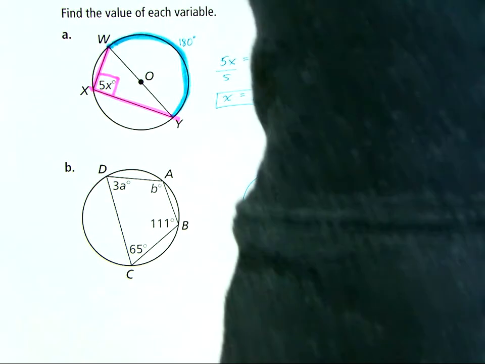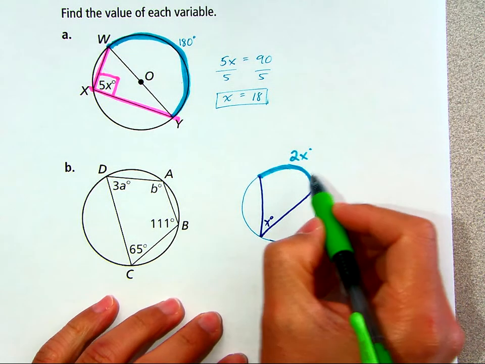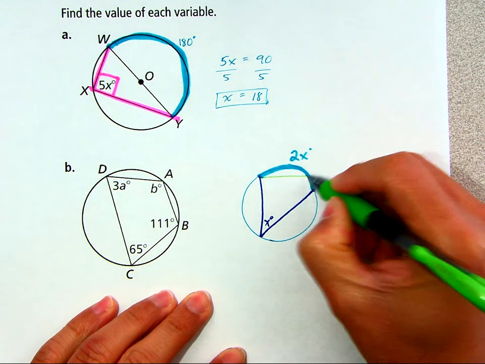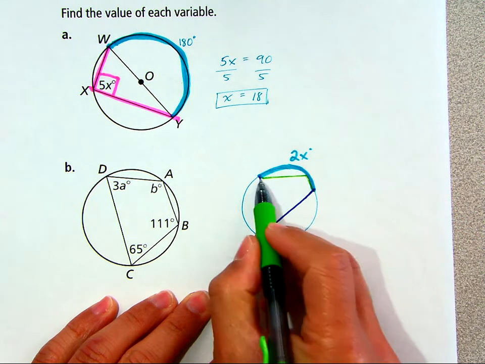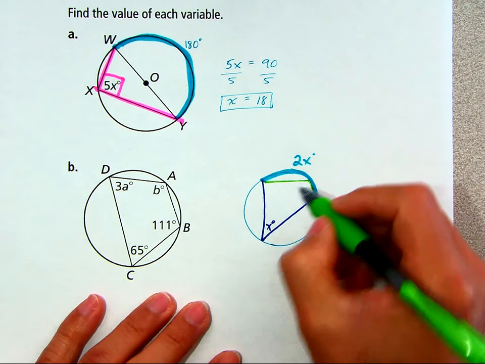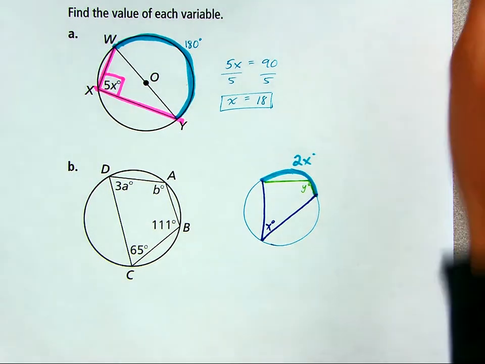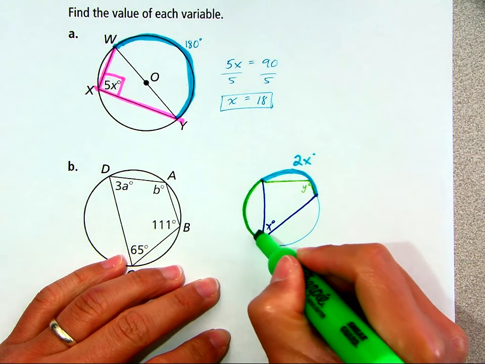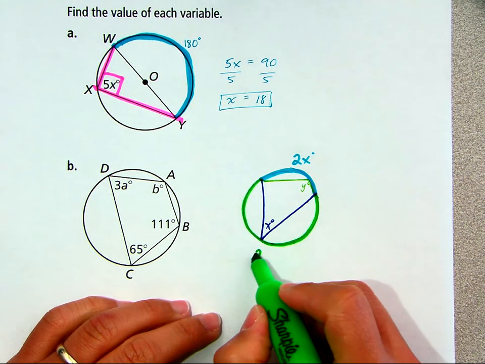Then if I make another inscribed angle, I'm doing this so that the endpoints on the chords here match up with the endpoints of the blue chords, and I call that angle Y. That inscribed angle produces that arc, which would be 2y.